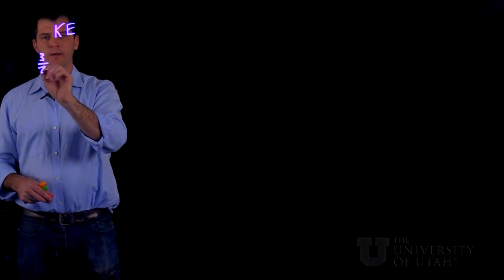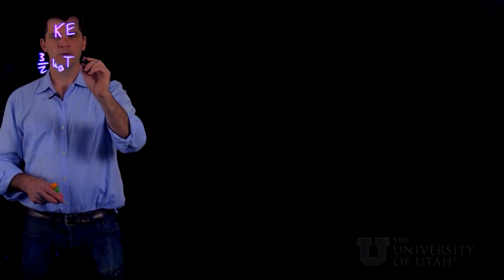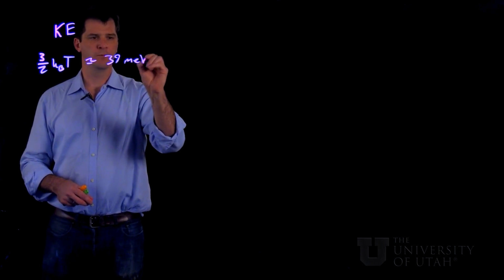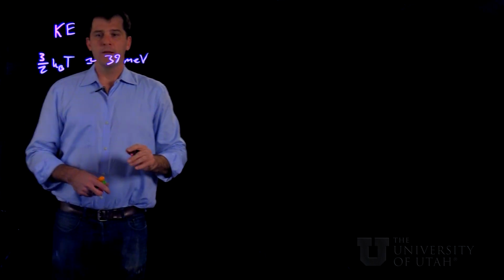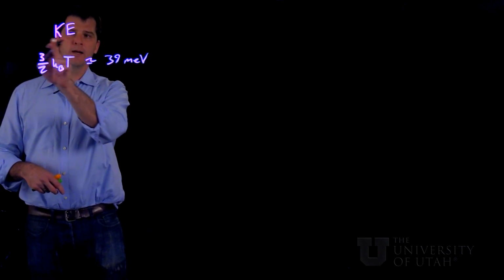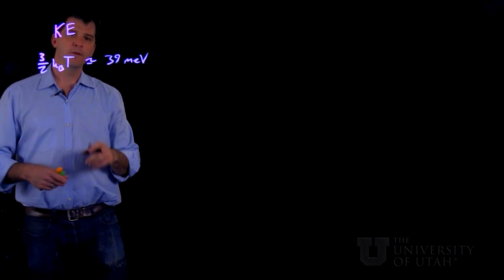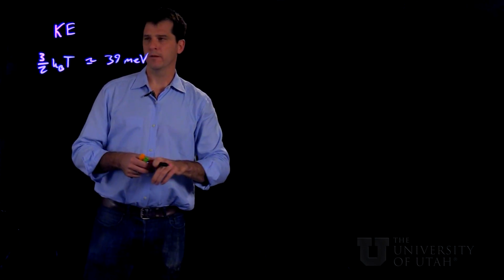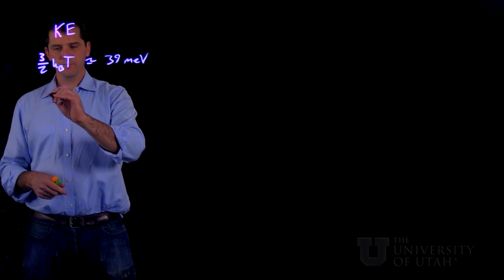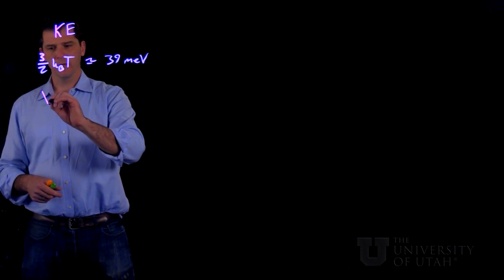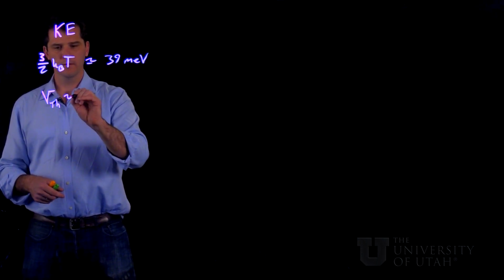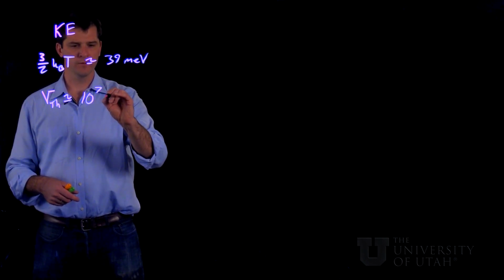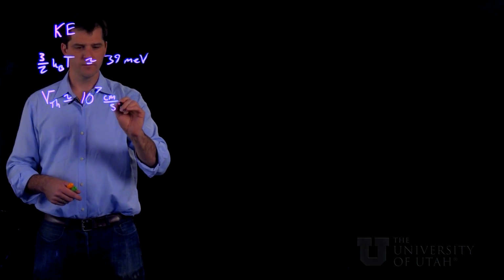So we have 3/2 kBT, which at room temperature is about 39 meV. Now, at very high velocities, the kinetic energy is going to exceed the thermal energy. So the thermal velocity turns out to be approximately equal to that same limit, about 10 to the 7 centimeters per second.